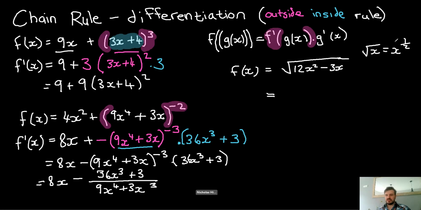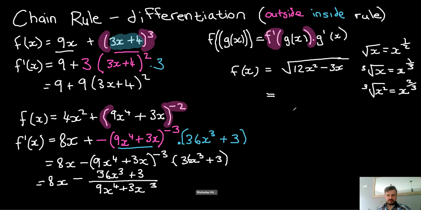Okay, that's something you need to know. So the square root of a function is the same as that function to the power of a half. Okay, if it had been a cubed, then it's x to the 1/3.